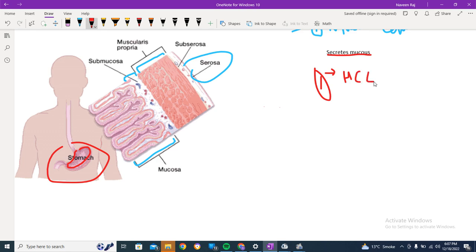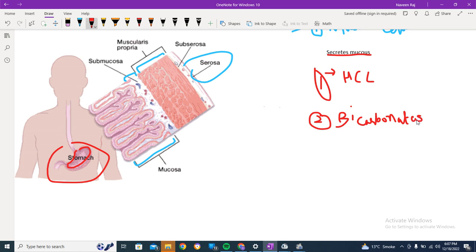We'll discuss why and how this HCl comes about. Don't panic, just know that there is an acidic environment in the stomach. Number two, it secretes bicarbonate ions. Bicarbonate ions are basic in nature, and when they are released, they neutralize.